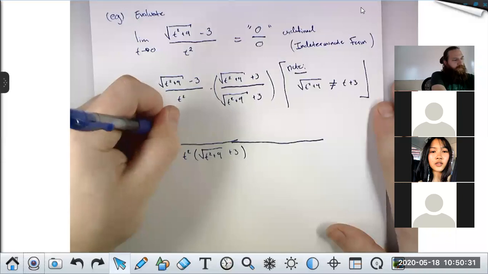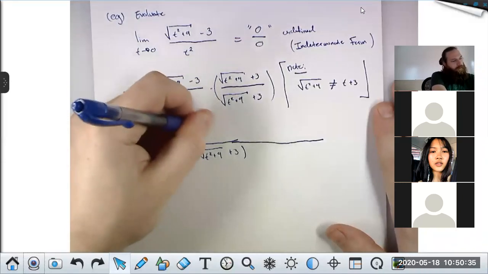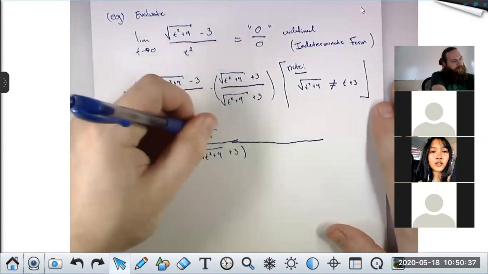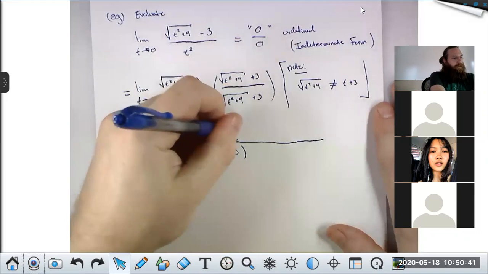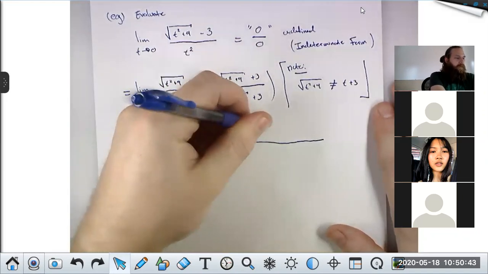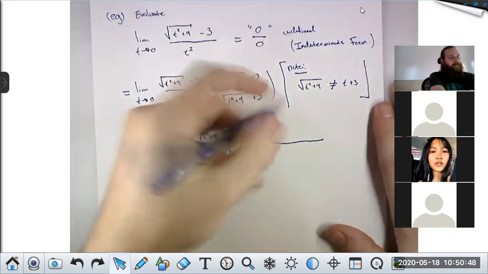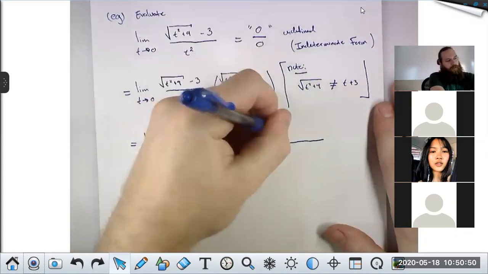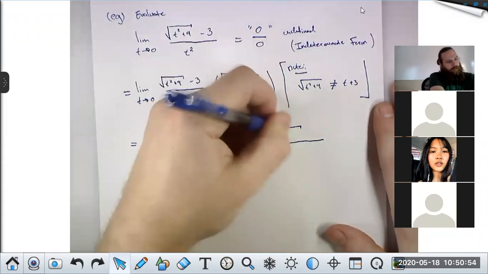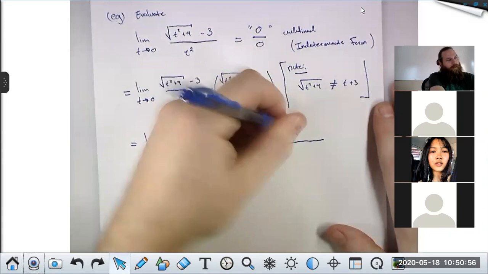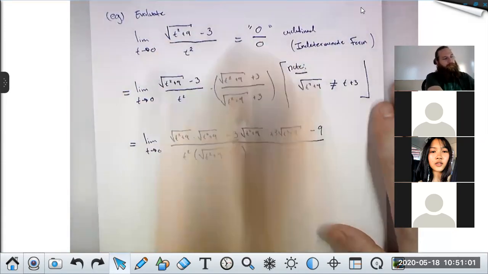So this is root t squared plus 9 times root t squared plus 9. And then my inners are minus 3 times root t squared plus 9. My outers are plus 3 times that root, plus 3 times the root of t squared plus 9. And then my lasts, minus 3 times plus 3, that's minus 9.